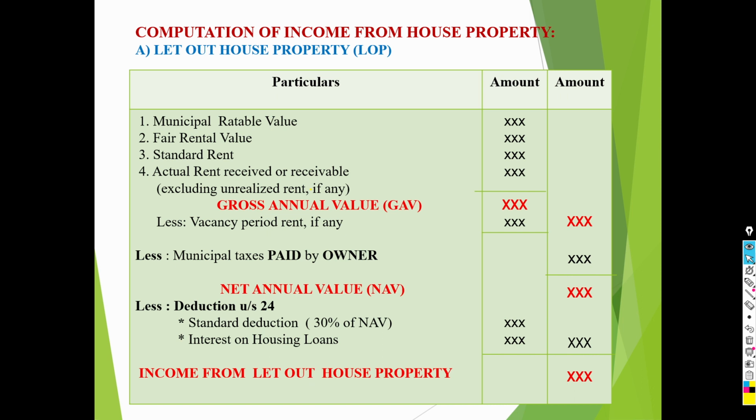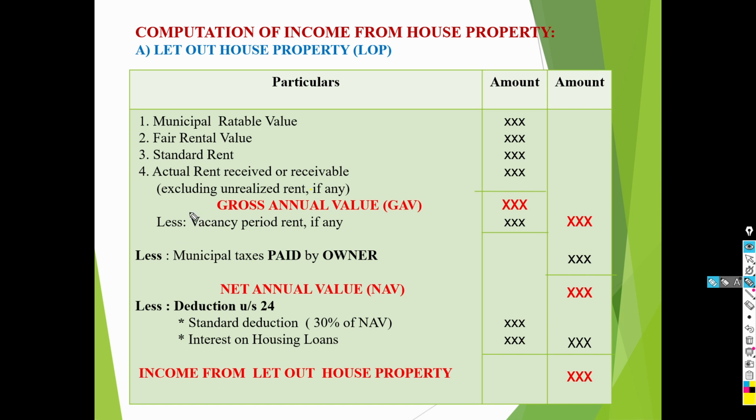Now, in this video, the pro forma of let out house property and the pro forma of self-occupied house property is shown. Let's see how to compute the income from let out house property. This is a very simple pro forma.